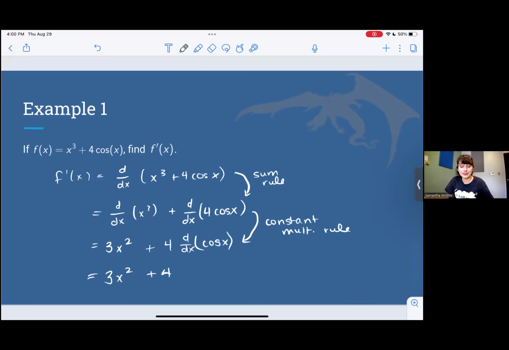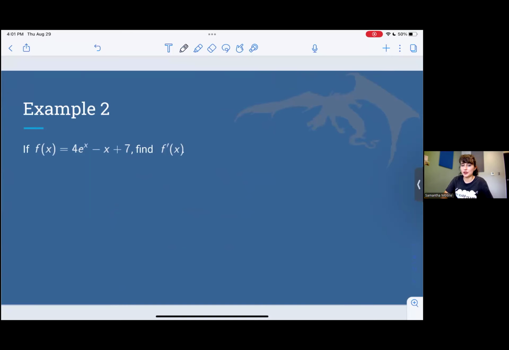Was it positive sine or negative sine? It was negative sine, right? So we should actually have minus 4 times sine of x. And so we just found that in general, the derivative f prime of x is equal to 3x squared minus 4 sine of x. We didn't have to touch a single limit, just using our derivative rules and our basic derivatives.